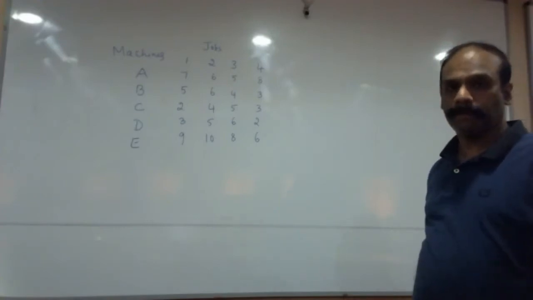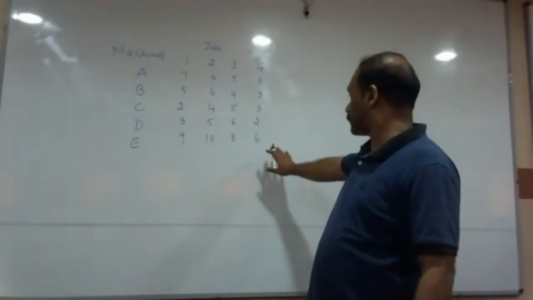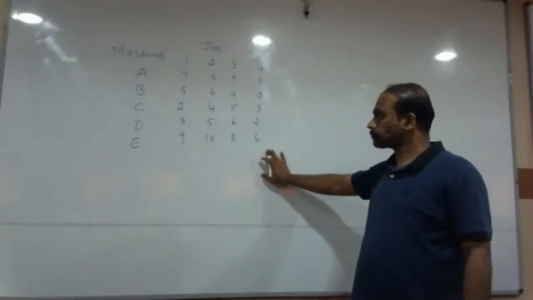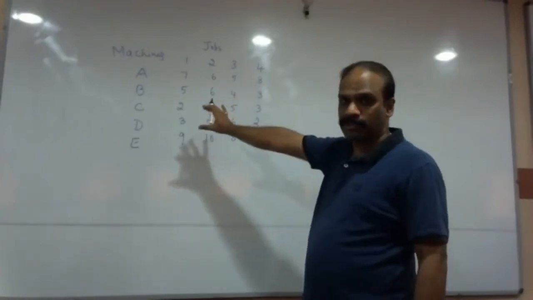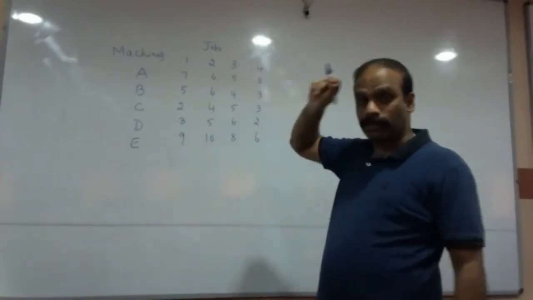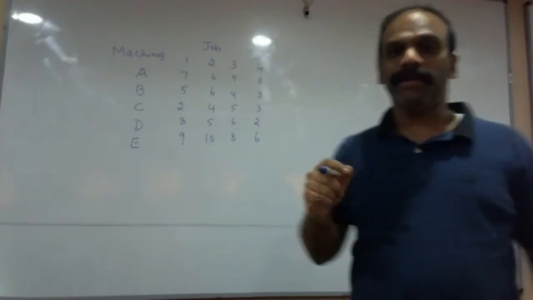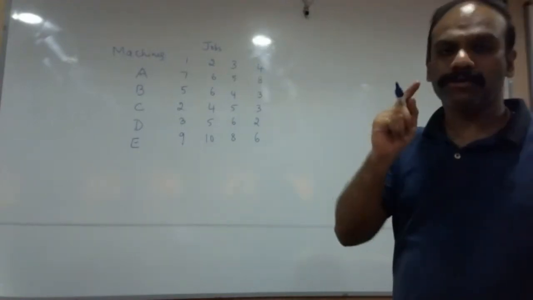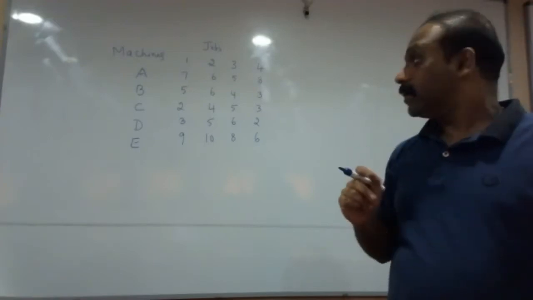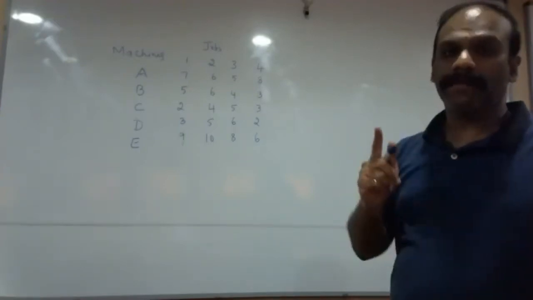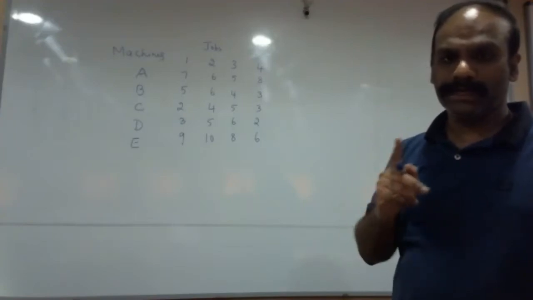If you remember yesterday's step, I told very clearly, we are supposed to see how many machines are there, and based on the number of machines, whether it belongs to case 1, case 2, or case 3. If the number of machines is exactly 2, it is case 1.